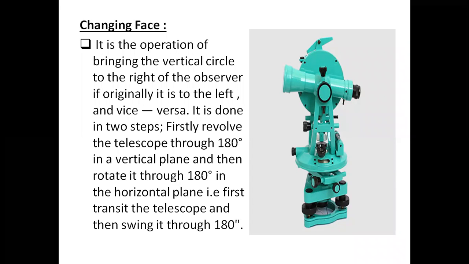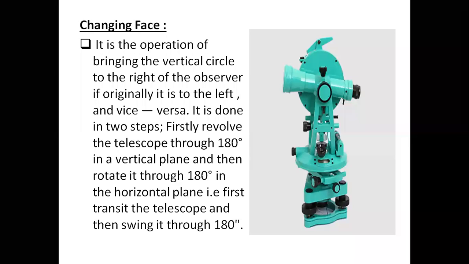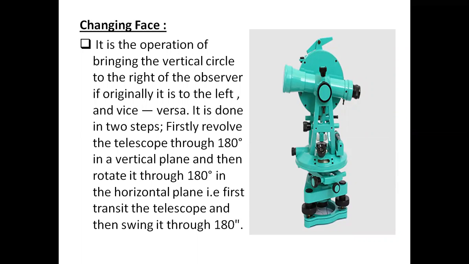Then the phase will get changed. First transit the theodolite, and then swing the theodolite through 180 degrees. By mistake, here it is written 180 seconds. It is not 180 seconds, it is 180 degrees.